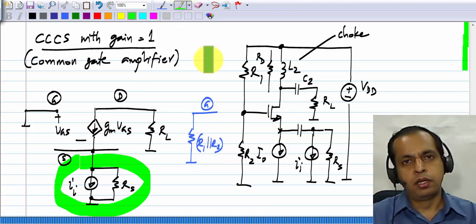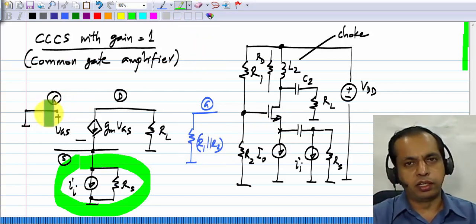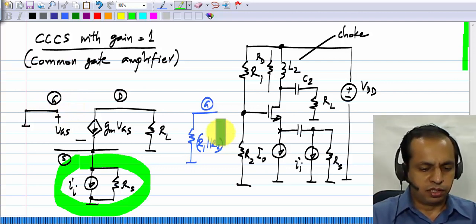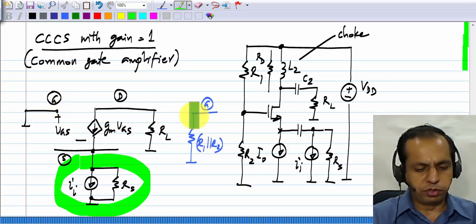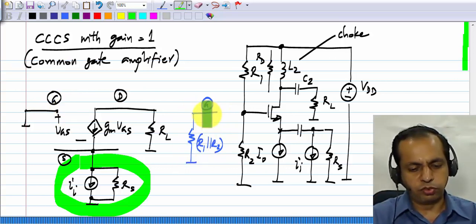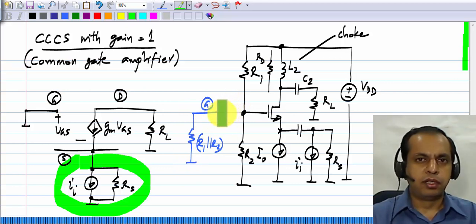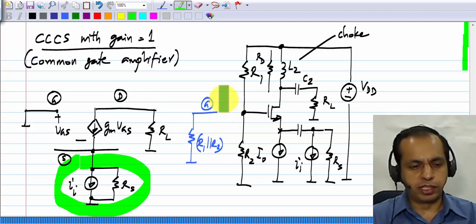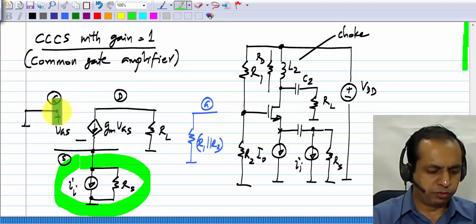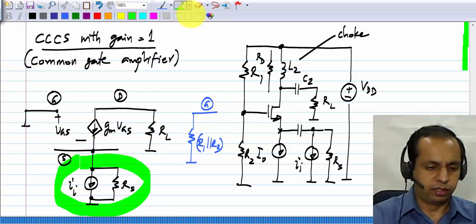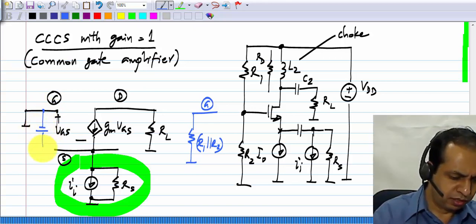Now, so far we have been assuming that the gate current is 0. So, if the gate current is 0, even if you have a resistance between gate and ground, this will be at 0 volts. So, that seems adequate. But it turns out that, and we have not studied this part yet, there is a capacitance between gate and source, referred to as CGS.